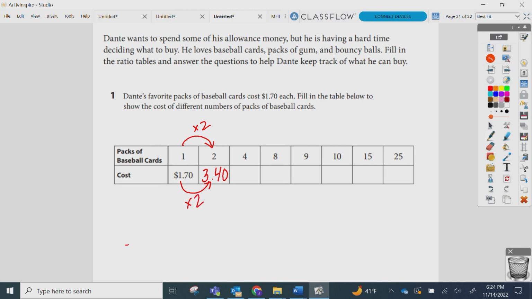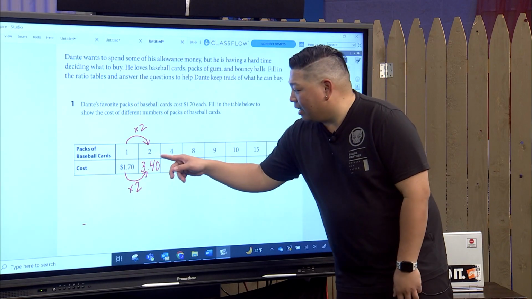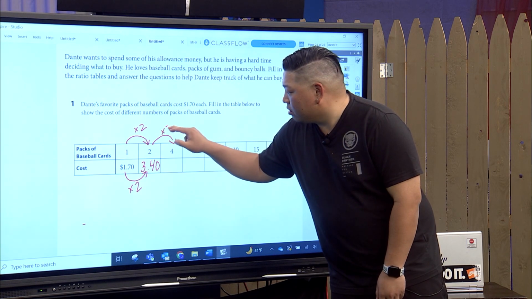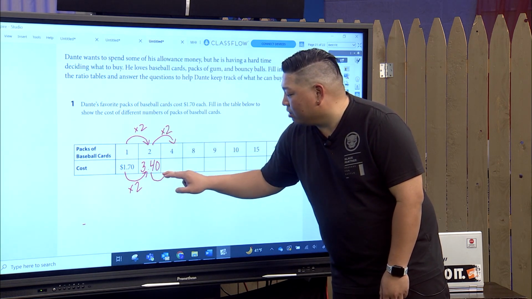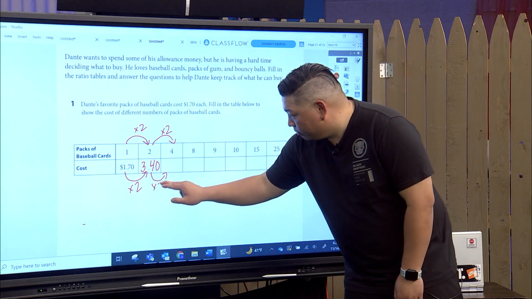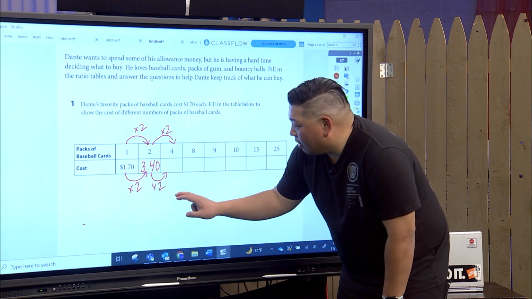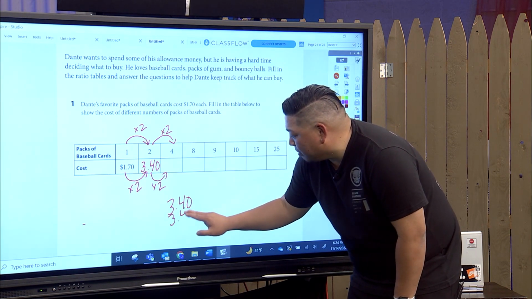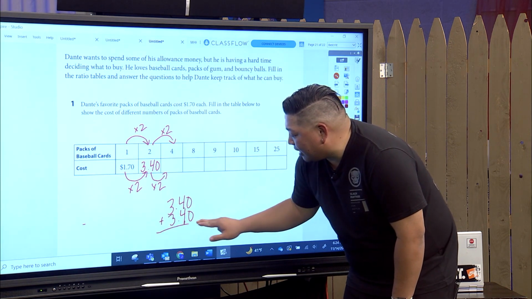So in the same way, can we multiply 2 times 2 to get to 4? Absolutely. So we'll do the same exact thing here. $3.40 times 2, or doubled, $3.40. I'm just going to add it, because when I'm doubling it, I can just add it again.